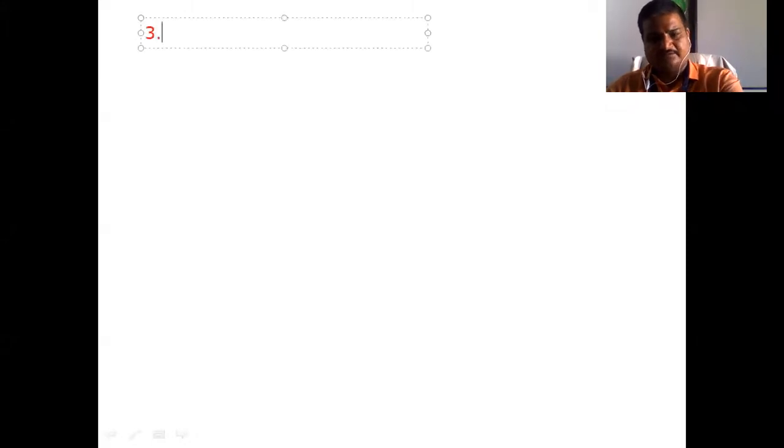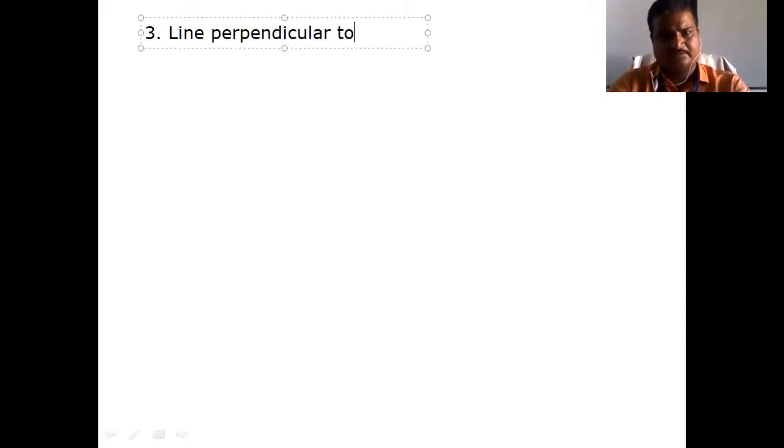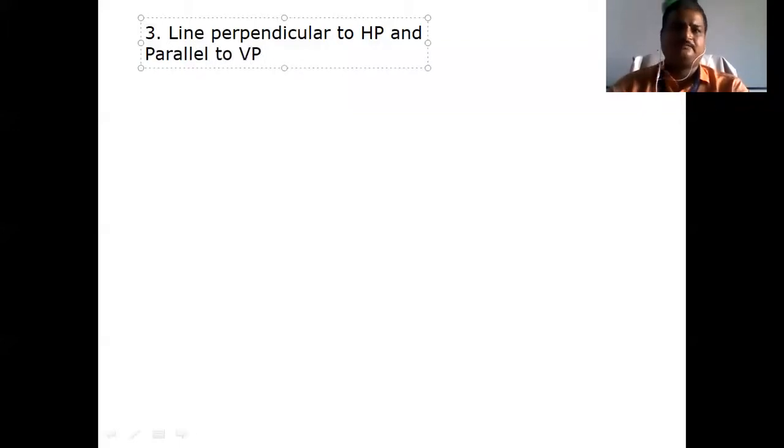Number 3, line perpendicular to HP and parallel to VP.